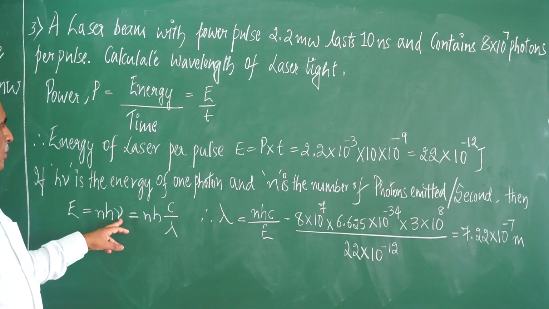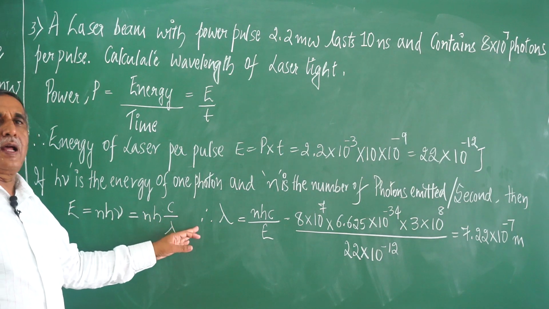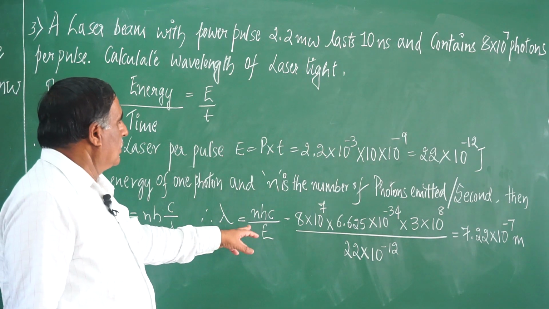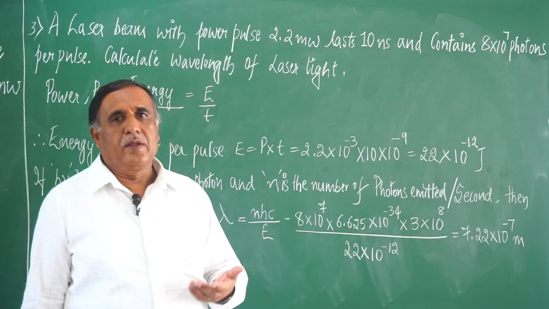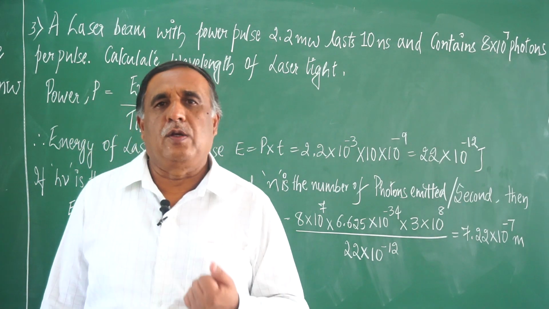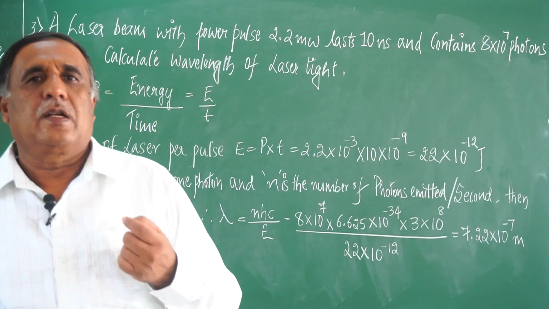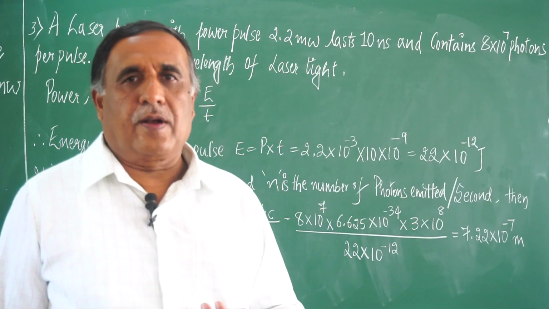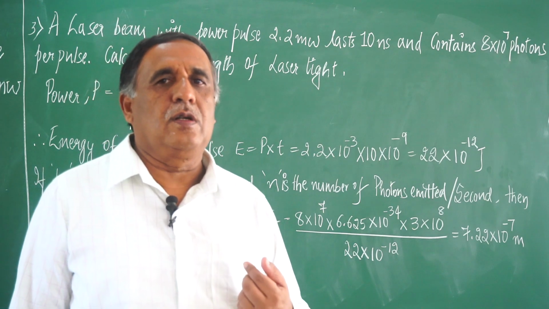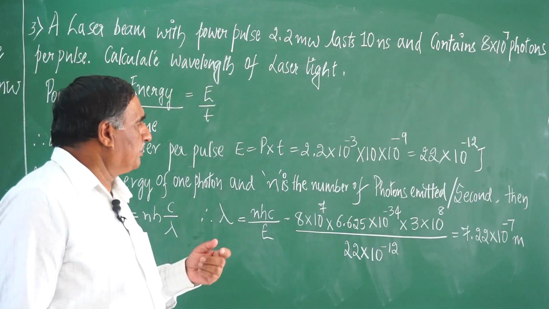Again nu is equal to c by lambda, therefore lambda is equal to n h c by E. So substitute values: h and c are constants. h is Planck's constant, its value is 6.625 into 10 raised to minus 34 joule second. Again c is the velocity of light, its value is 3 into 10 raised to 8 meter per second.